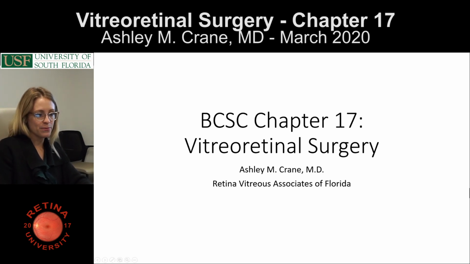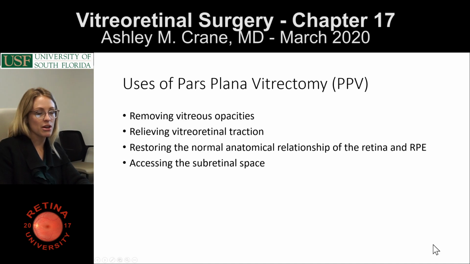So first we'll talk about the uses of pars plana vitrectomy, and please stop me if you have any questions. There are 4 general uses of pars plana vitrectomy. The first is to remove vitreous opacities, probably the least serious of the 4.